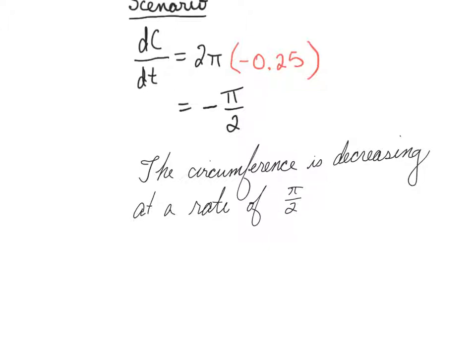Now what are the units? dc, that's the change in the circumference. That will be measured in inches. And time, the change in time will be measured in minutes. So therefore, we have, again, inches per minute.